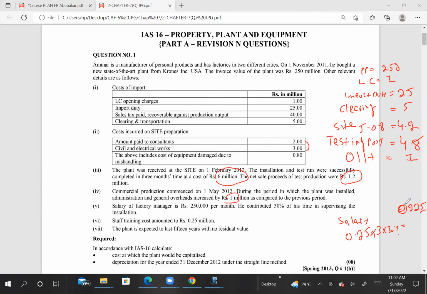So the total cost will be 291.225. You get the calculation?